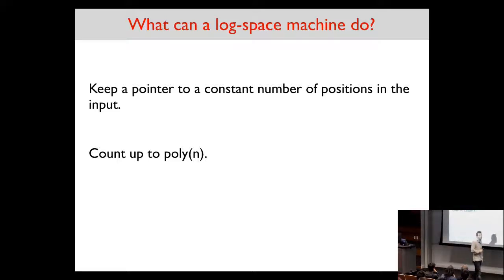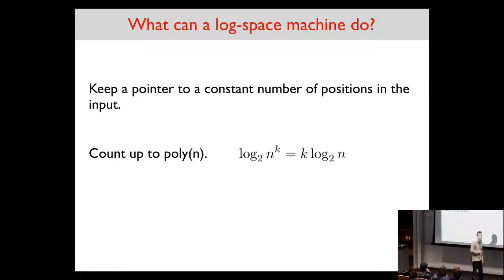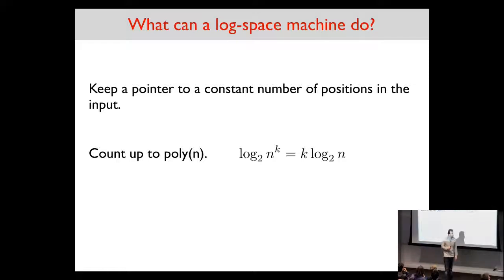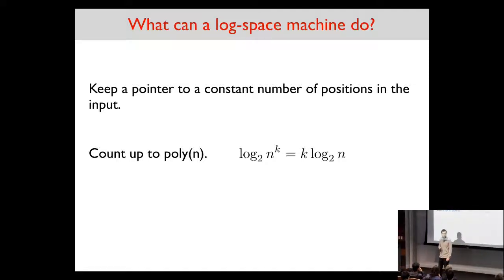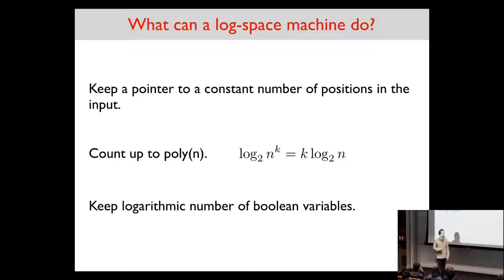You can count up to some polynomial in n, n to the k. Okay, why can you do that? Because if you're counting up to poly n, let's say n to the k, to represent that you need log base 2 of n to the k bits. And that's going to be, by the properties of the logarithmic function, k times log base 2 of n. Okay, so it's big O of log n.